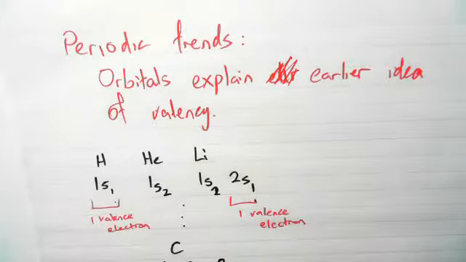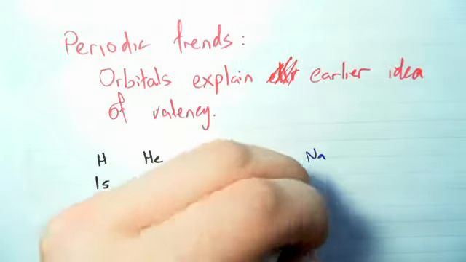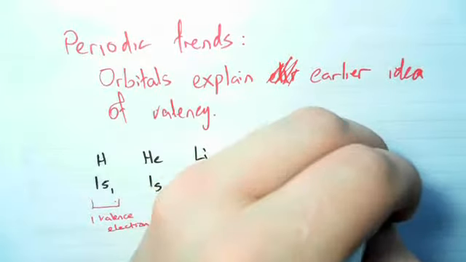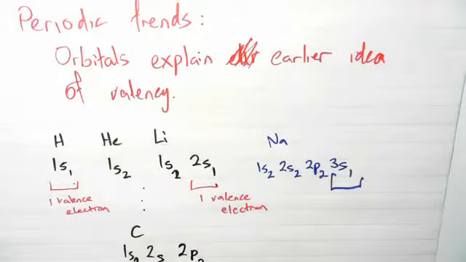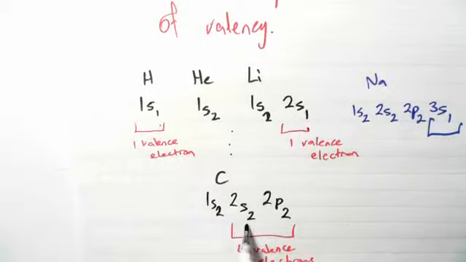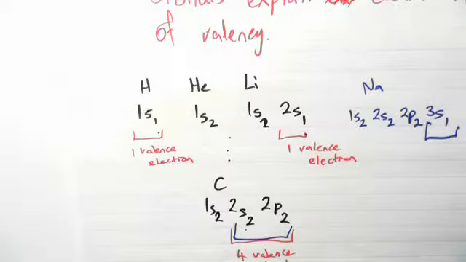And again, sodium, so Na would be 1s2, 2s2, 2p6, 3s1. You can see that the valence shell, the 3s, only has one electron in it, so it behaves very similar to lithium. When you get to carbon, you can see carbon bonds to four things. It has four valence electrons in the 2s2, 2p2. So you can see where some of these bonding patterns and some of this valency stuff comes from at a quantum mechanical level, from a more mechanistic level.